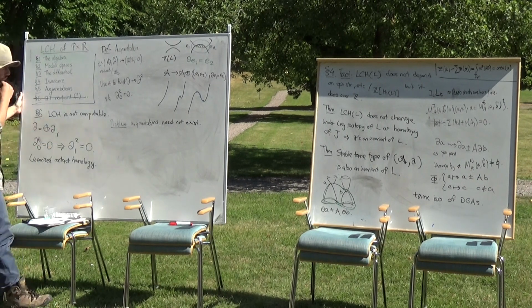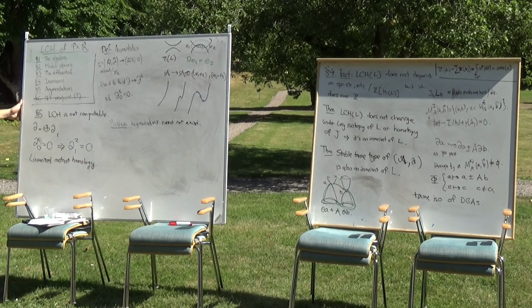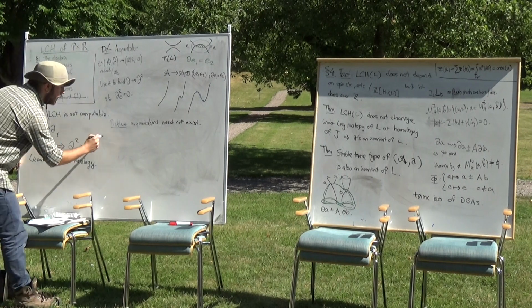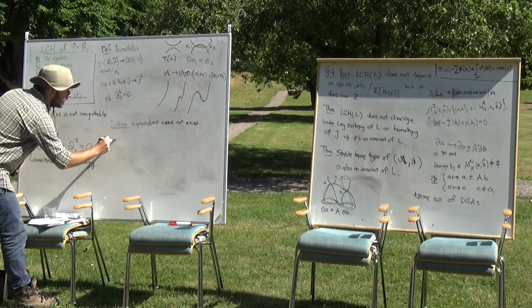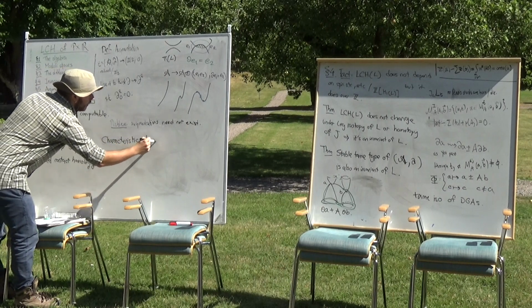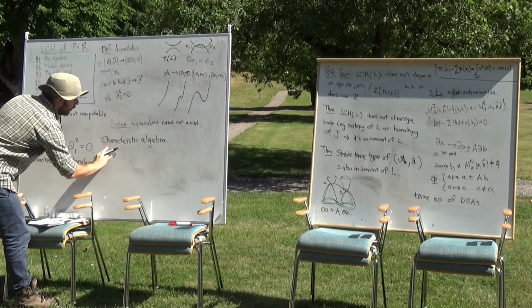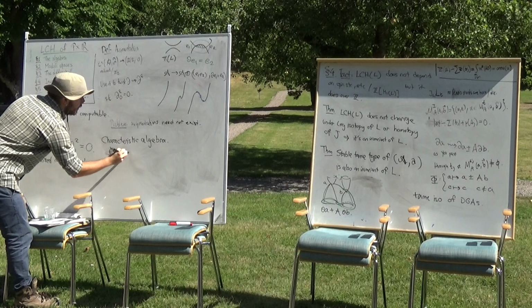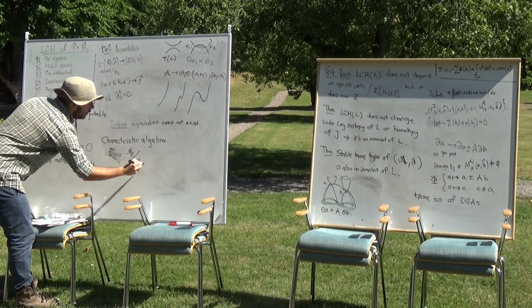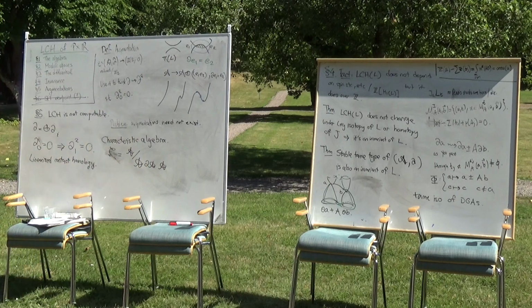And so what Lenny defined, which turned out to be very useful because it exists even when augmentations are not a thing, is called the characteristic algebra. So what is the characteristic algebra? It is the quotient of A by the double-sided ideal generated by the image of the differential.